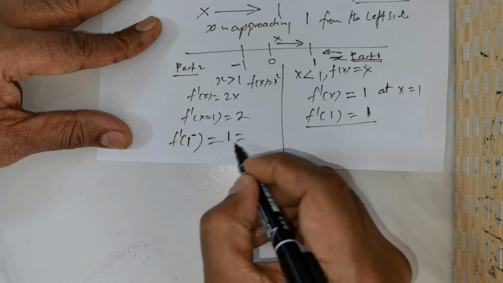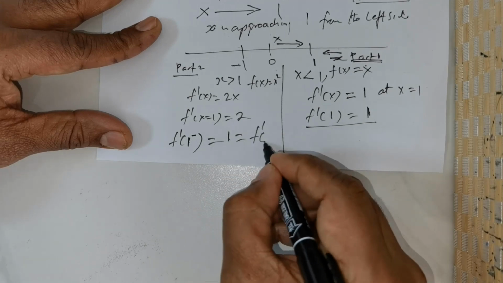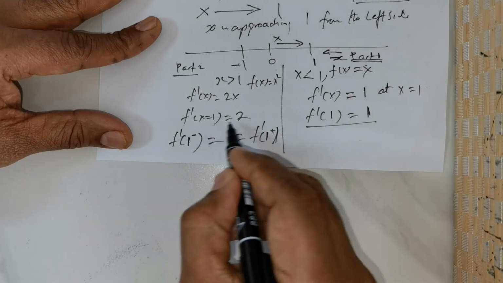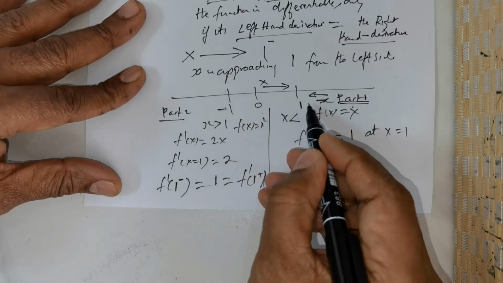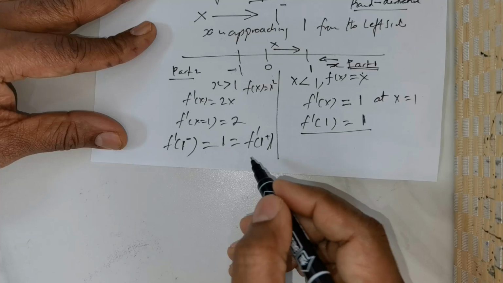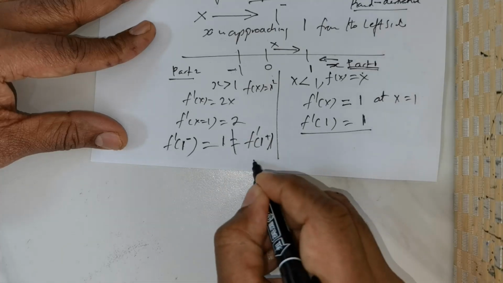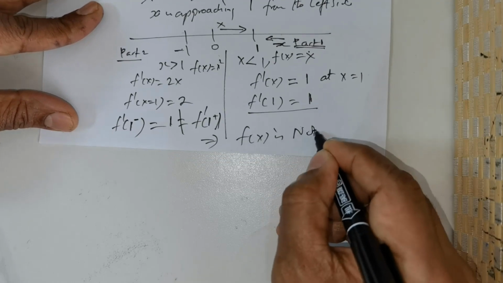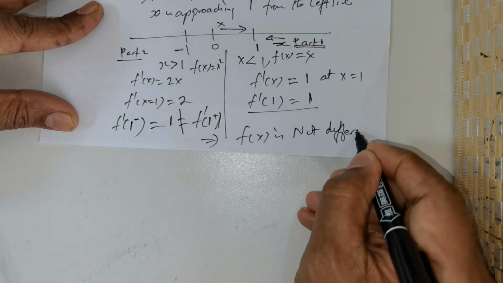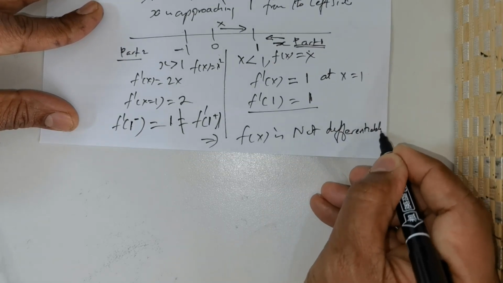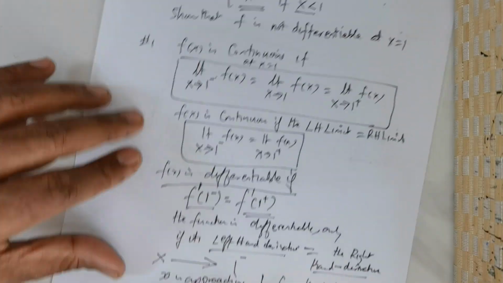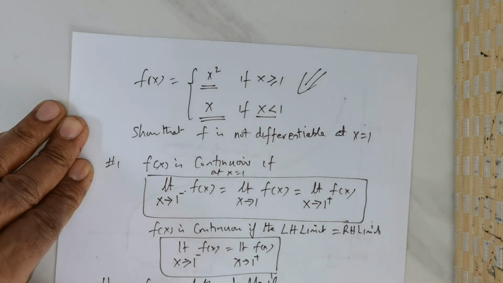Now is this equal to f dash of 1 plus, that is when x is moving towards 1 from the right side? Are they equal? No. So this means f of x is not differentiable. Okay, this is one part of the story. If they ask you this question, you can very well answer this question in this fashion.